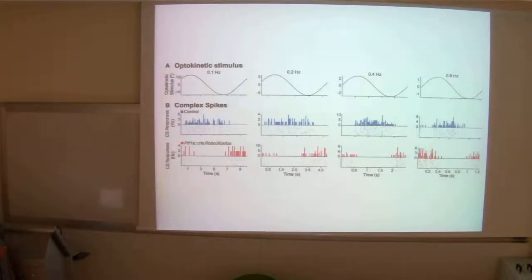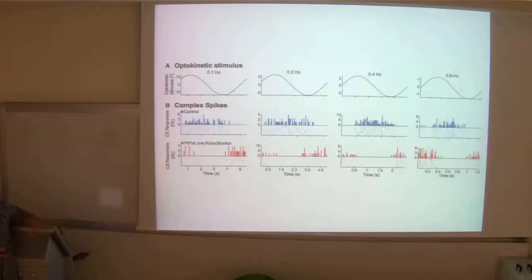It doesn't fit at all with the idea that complex spikes are an error signal. Right, that's true. But that's not the only way that people think about complex spikes. You don't encounter error signals all the time, but you do have complex spikes all the time.